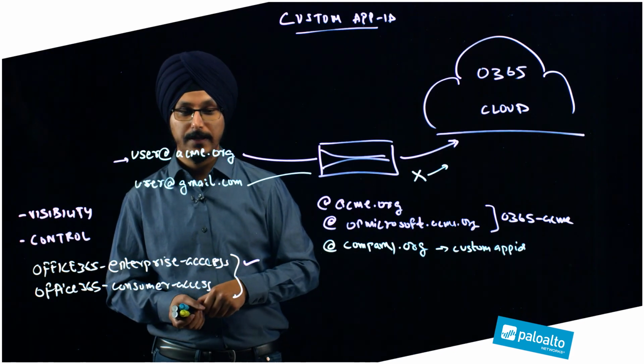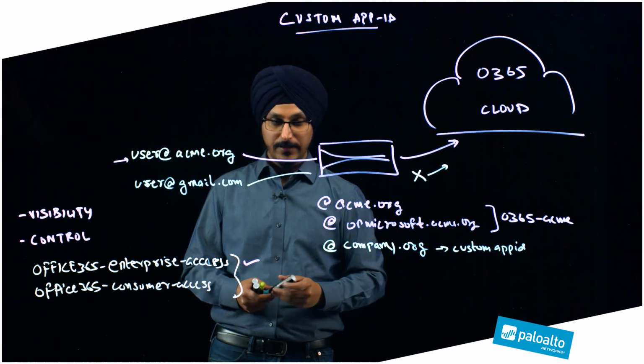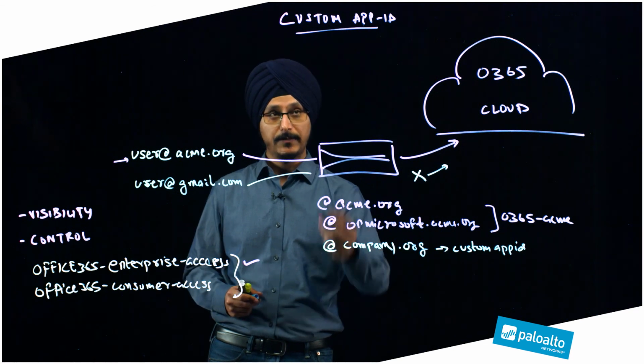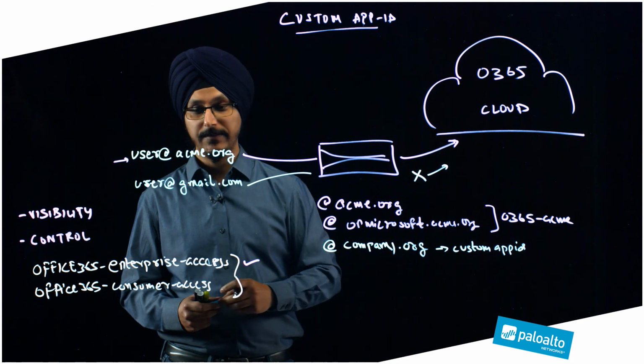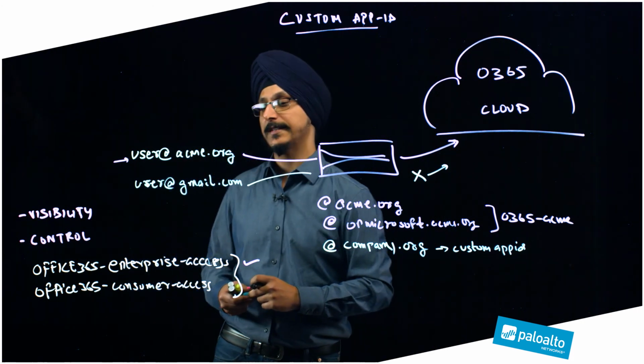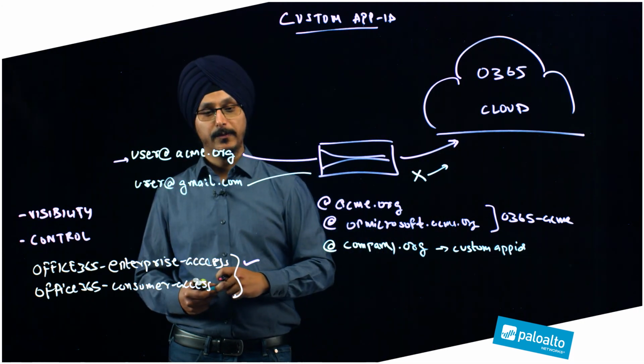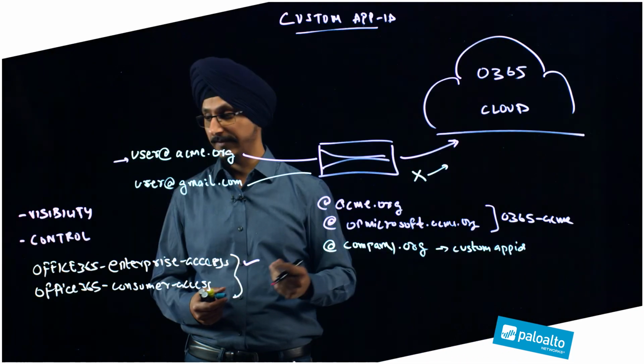With the first use case, you have been able to block access to any consumer version of Office 365 from being used. And this concept of custom app ID and how it is used to control access to Office 365 can be further extended to the point where you can control cross-tenant sharing across different sanctioned users of Office 365.